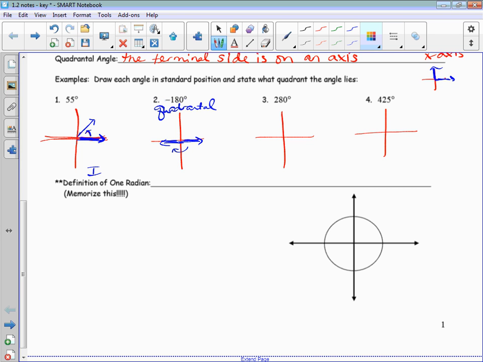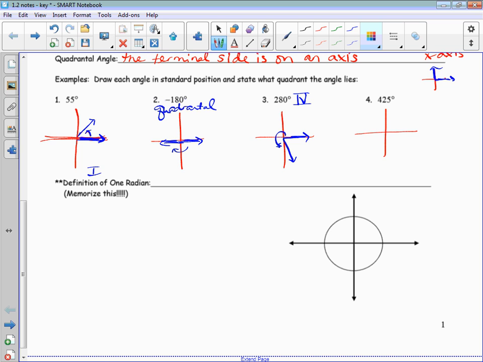All right, 280 degrees. So I start here. Start working around. So here's 90, 180, 270, so just a little past that, right? So what quadrant is that? 4. Good. Throw your little arrow in. 4th quadrant.